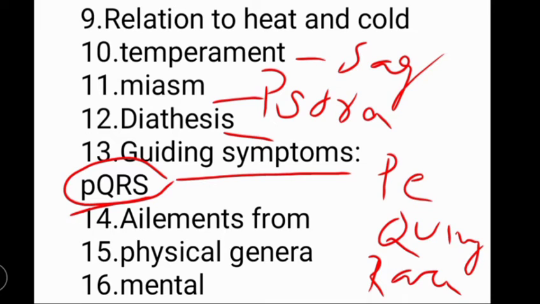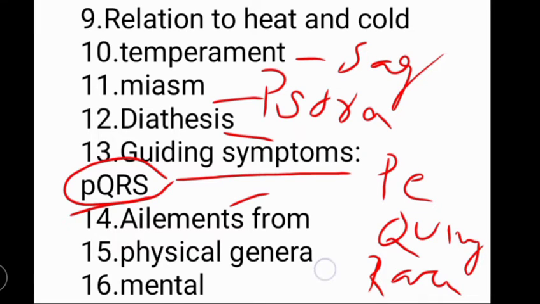Such as in aconite, a person going into dry cold air, northwest wind, exposure to cold, that is the elements picture of aconite. So heat stroke or fear of a fright, shock, heat of the sun, these are the elements. Elements means the other factors which influence the disease. Then physical general. What is the physical general?